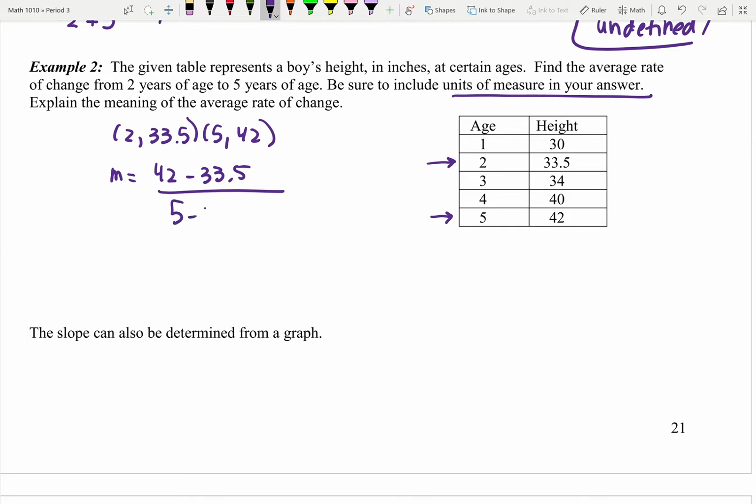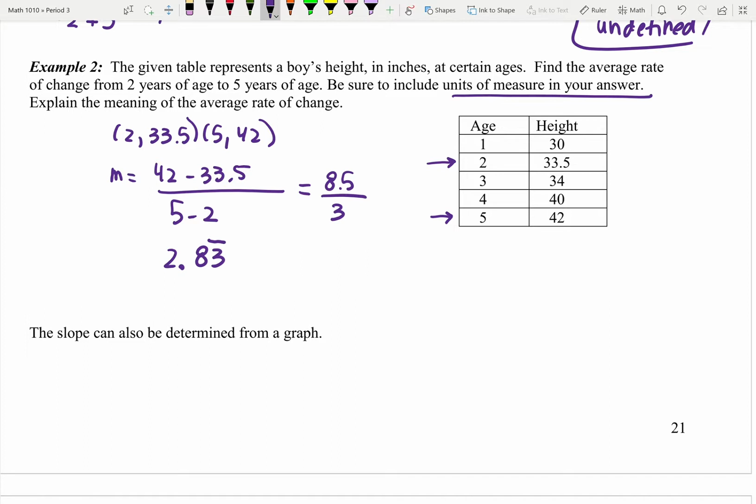So this is 5 minus 2. Okay, then you grab your calculator and you go 42 minus 33.5 and you get 8.5, divided by 5 minus 2, which is a 3. Okay, now let's figure out what that is. So go 8.5 divided by 3 and it's 2.83 repeating. So I'm going to put a bar.